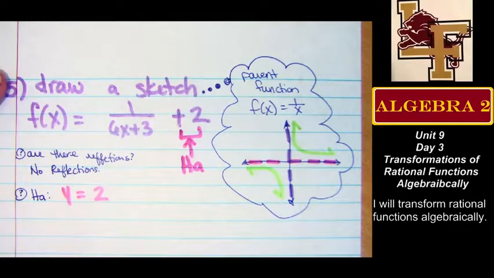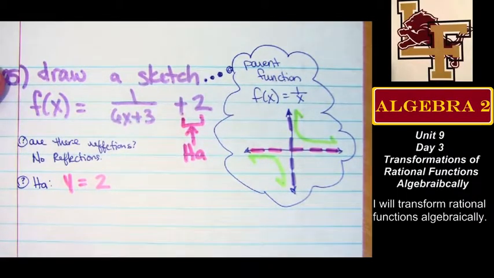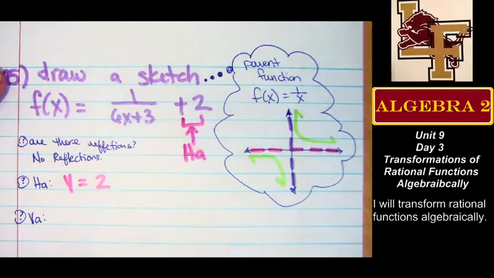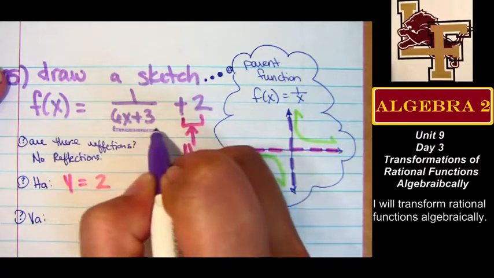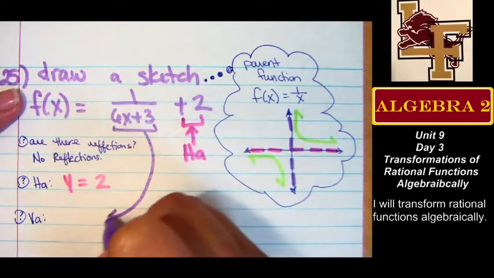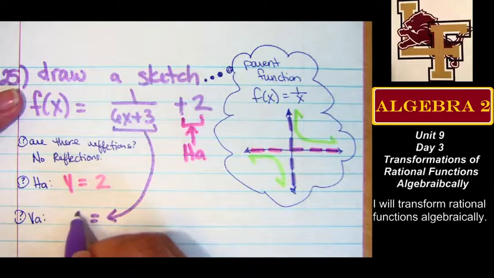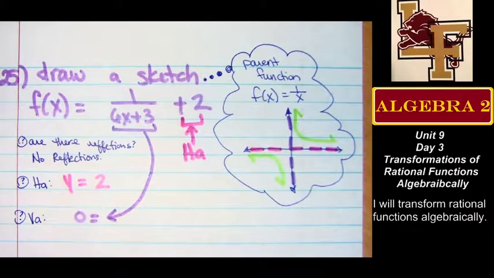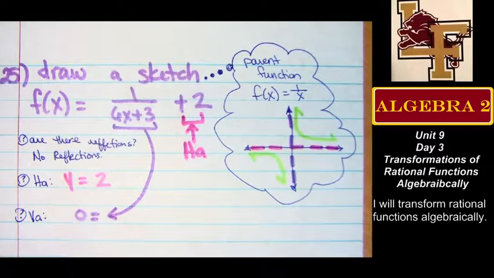The next question to ask yourself, where is the vertical asymptote located? The vertical asymptote happens wherever the denominator of the fraction equals 0.